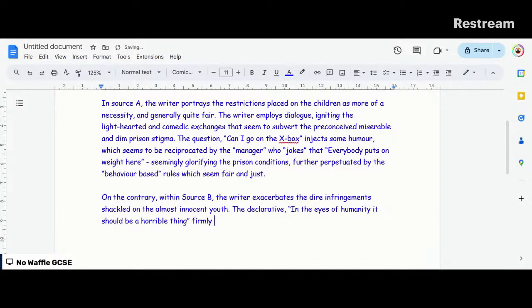Firmly, or uses moral, almost moral laws to set in stone or to highlight the negligence towards children in the Victorian prisons.